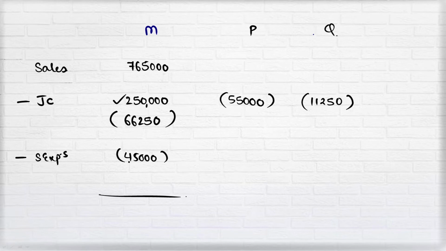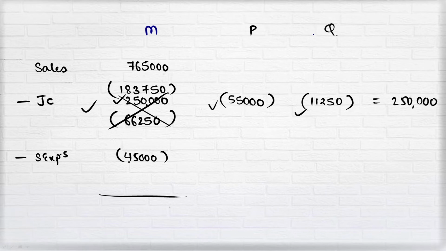What will be 2,50,000 minus 66,250? 1,83,750. See, if you understand your joint cost is allocated, do total of these three. It will be 2,50,000, right? So it is a dual thing: reduction in cost also, and it is joint cost apportion also.